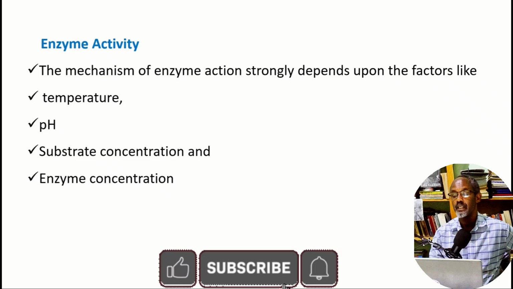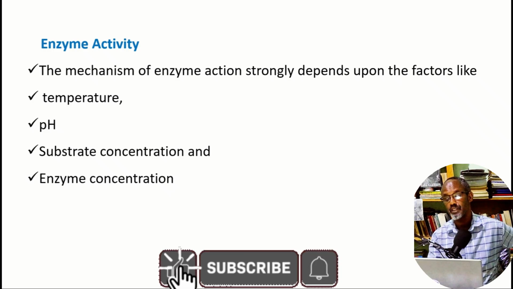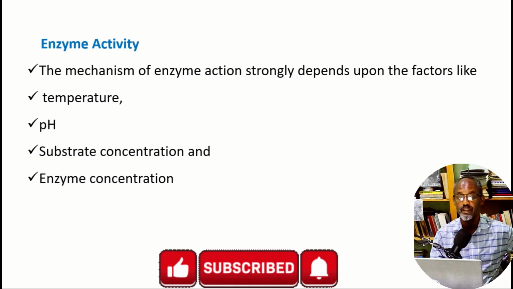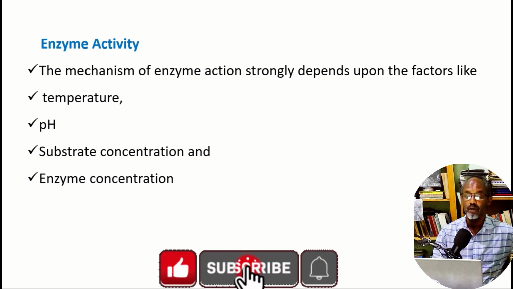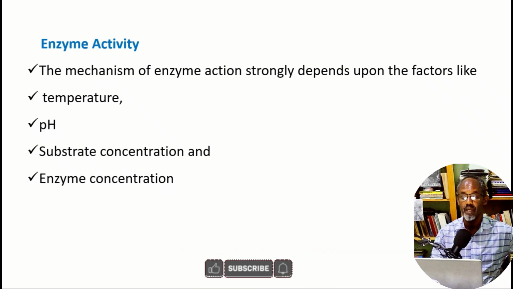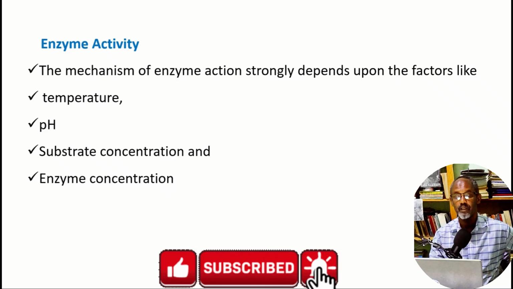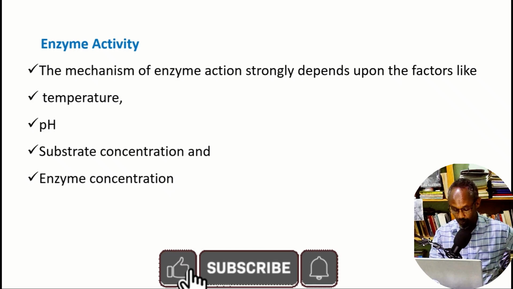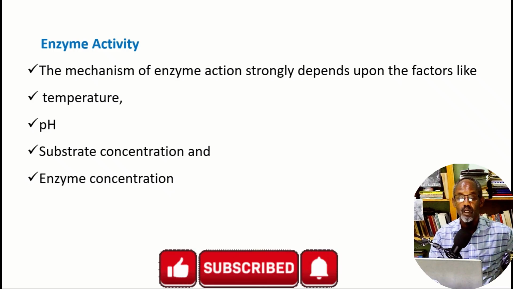After saturation point, the rate becomes constant. The graph becomes horizontal. You remember the hyperbolic graph of enzyme rate versus substrate. The other is enzyme concentration. As we increase the enzyme concentration, the rate increases indefinitely as far as excess substrate is available.